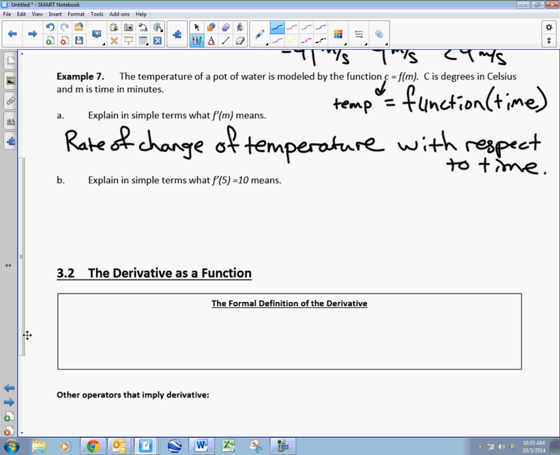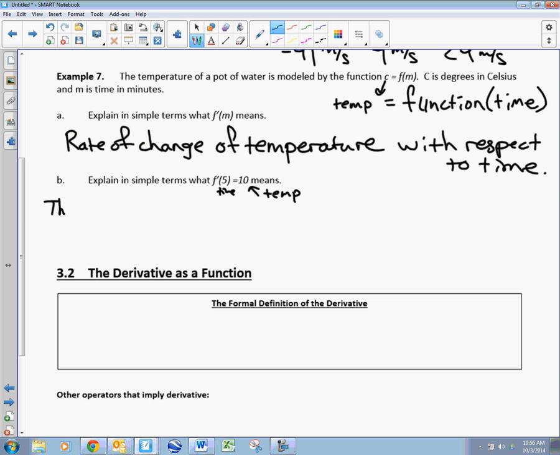So explain in simple terms what f prime of 5 equals 10 means. What does the 10 represent? Change in temperature, 10 what? Degrees per minute. 10 degrees per minute at the time, 5 minutes. This is time. This is your temp.